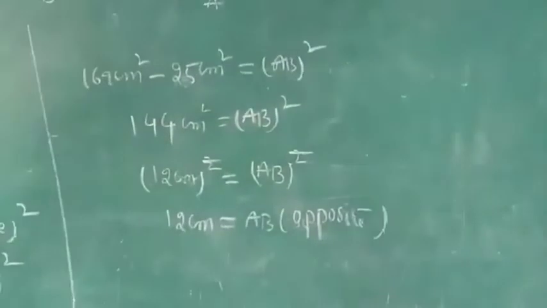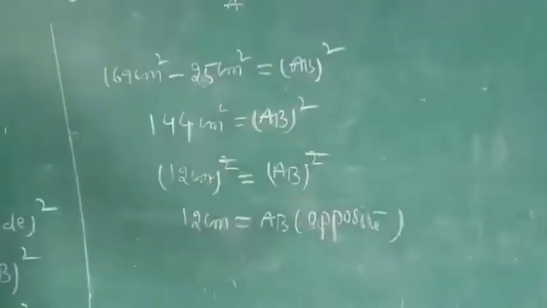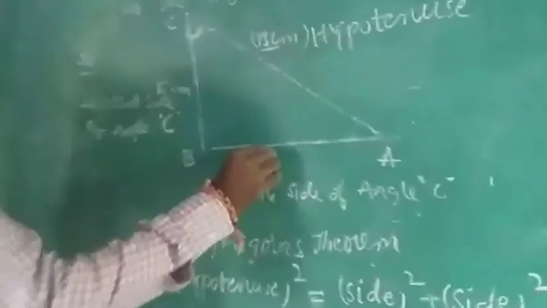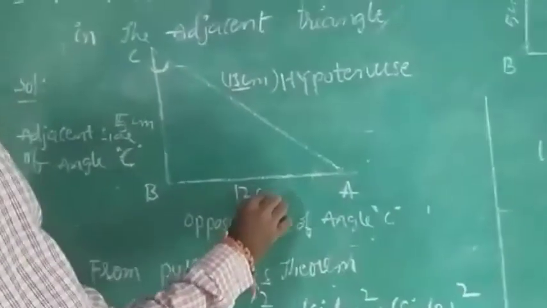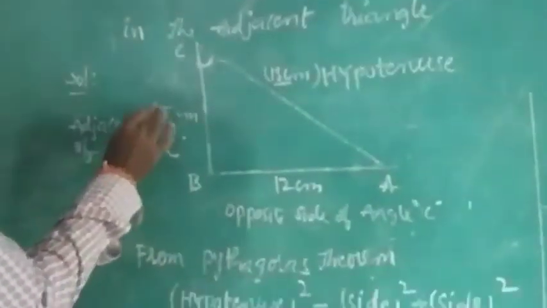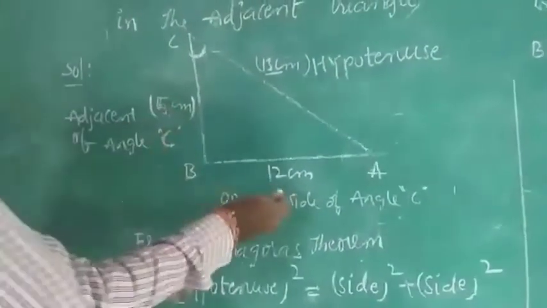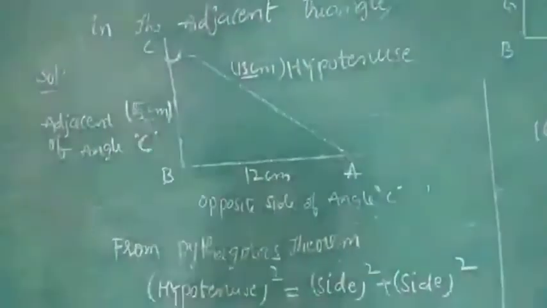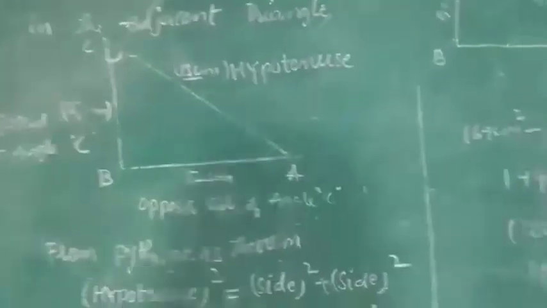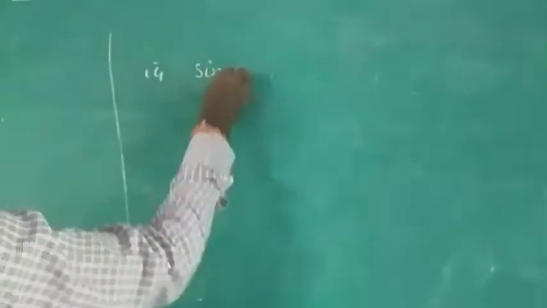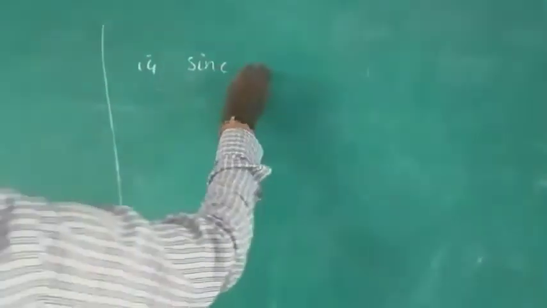This is the opposite. We got everything now. In the diagram, observe it, it is 12 centimeters. This is the opposite, this is the adjacent, and this is the hypotenuse. So what we need to find out? First one, sine C. What is the sine C formula?